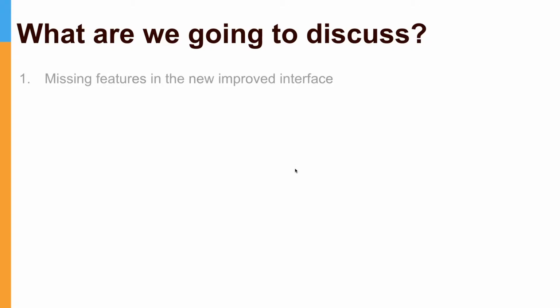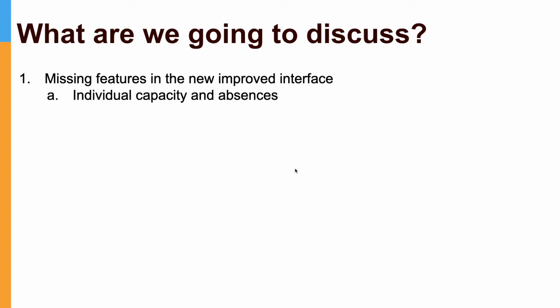So in the previous video, we spent some time going through the portfolio interface. In this video, let us first take a look at some of the missing features in the new improved interface. Yes, there are some features not there in the new improved interface, such as the individual capacity and absences.